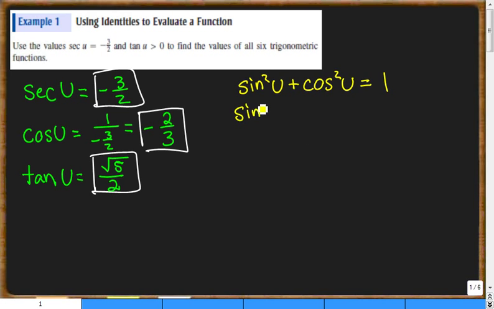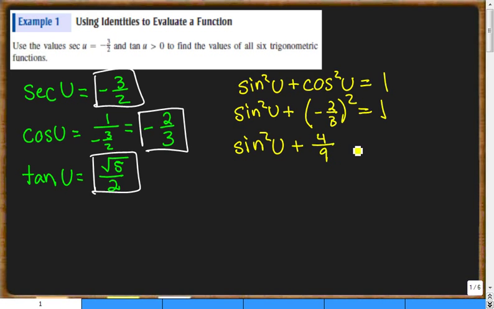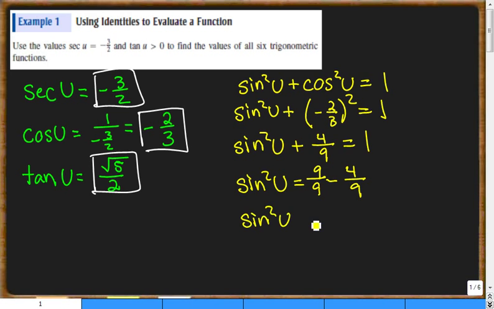So I'm going to get sine squared of u plus (-2/3) squared equals 1. If I square this, I get 4 over 9. When I move the 4/9 over, I get 1 minus 4 over 9, where I can think of the 1 as 9 over 9. So I get sine squared of u to be 5/9.